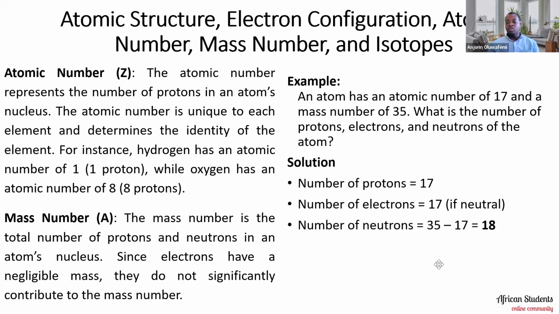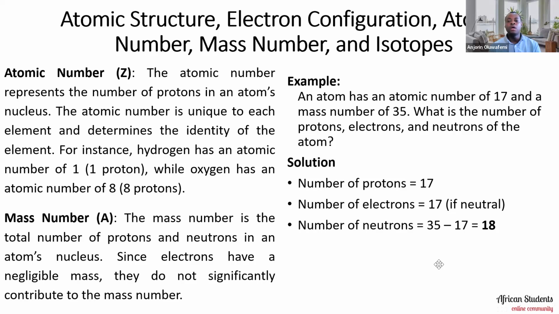Also, the number of electrons is 17, since the assumption is that the atom is electrically neutral. So the number of protons will be the same as the number of electrons, so that there is a positive-negative balance, so to speak.